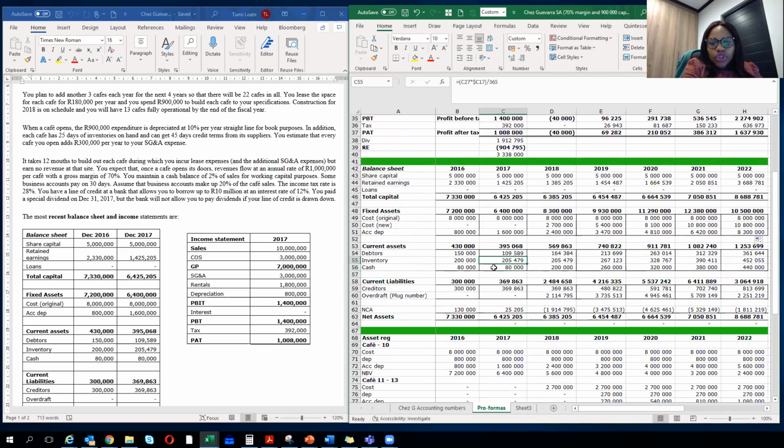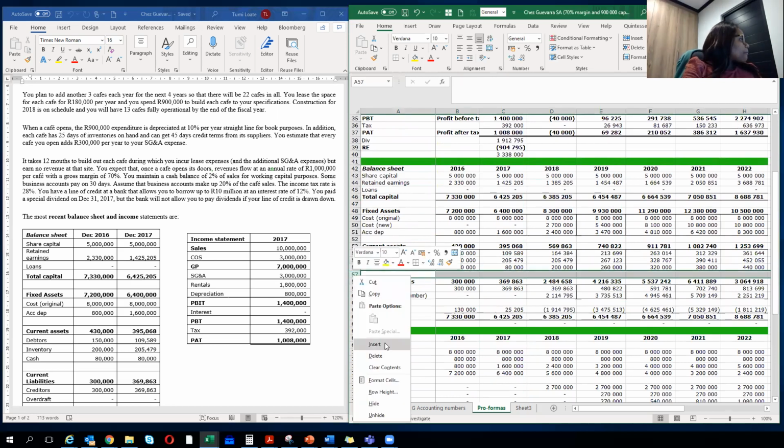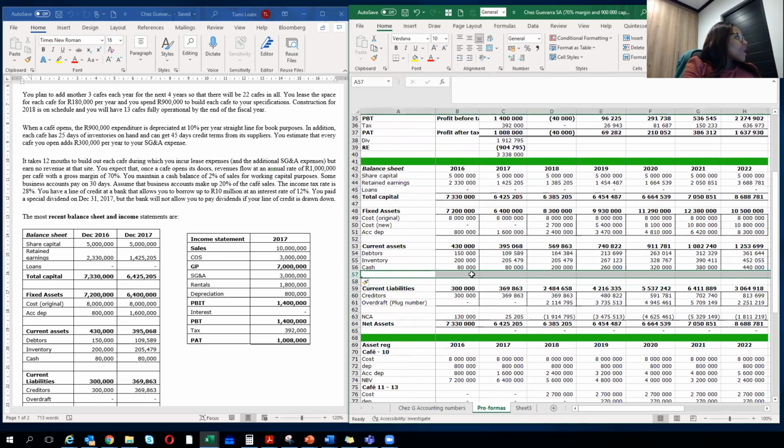So all I'm going to do here for each of the cash, I'll show you how to calculate it here at the bottom. Give me a second. Your cash is simply just for 2016 and 17, you would have copied it across from here, your cash balance. But from 2018, it's just your 2% multiplied by your sales balance each year.